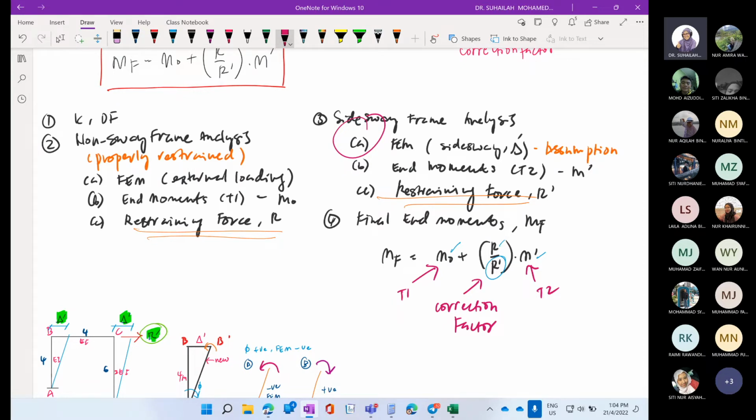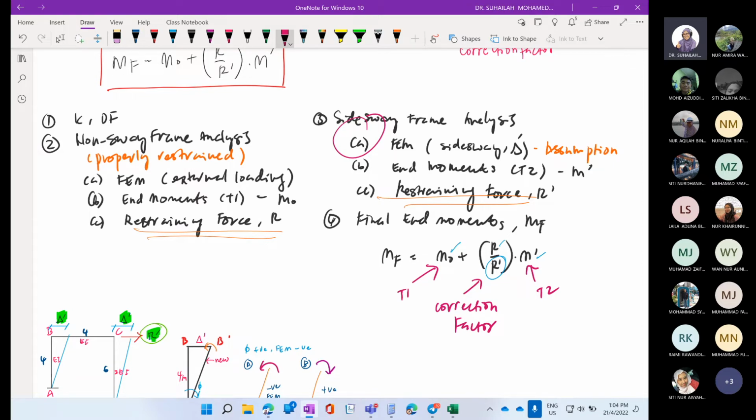Once you get all the FEM values, substitute into the table and you will get the end moment M prime, and then step 2C and step 3C are actually the same process.